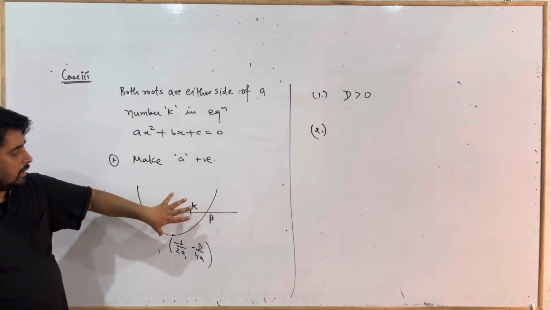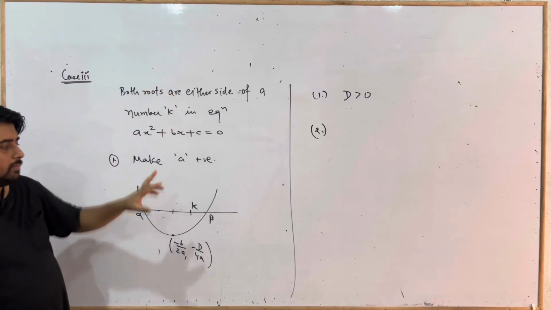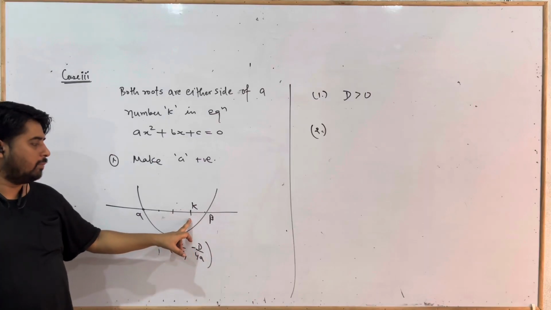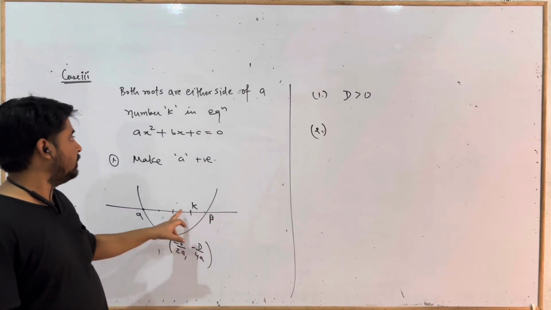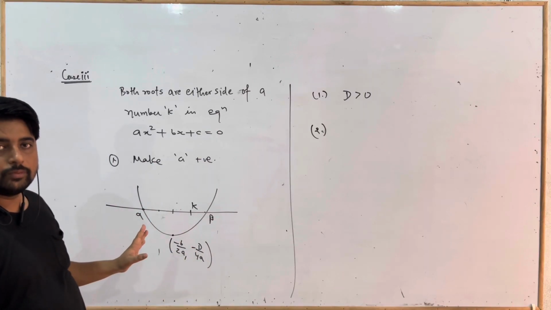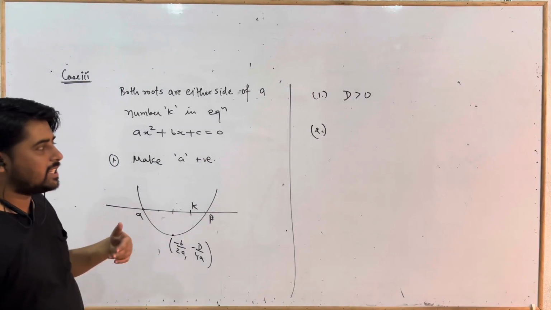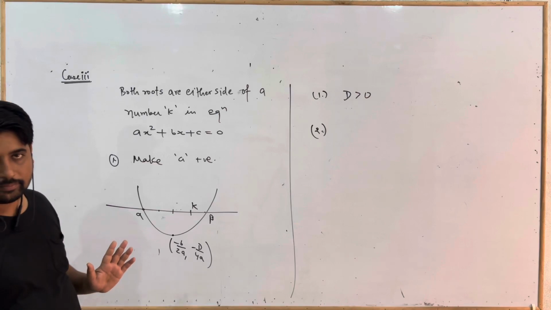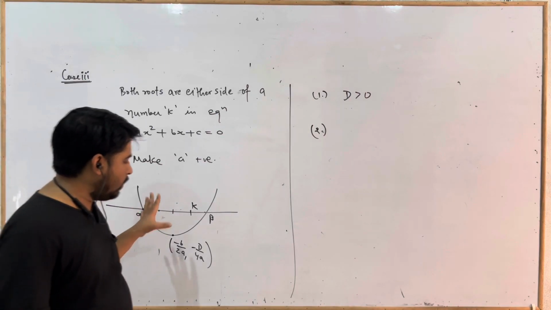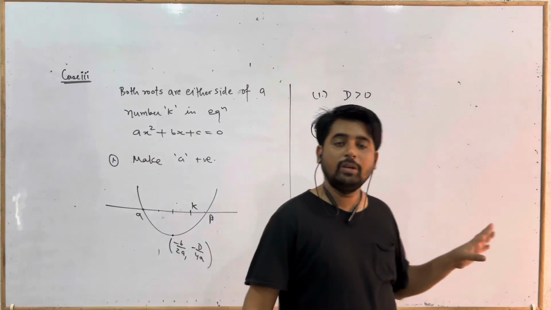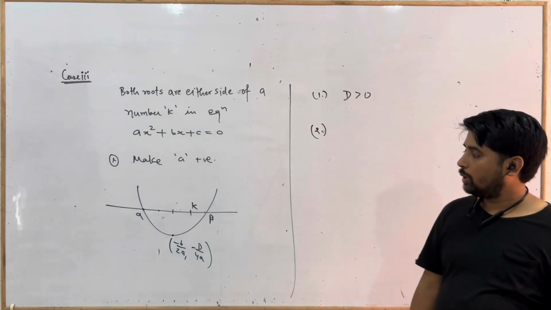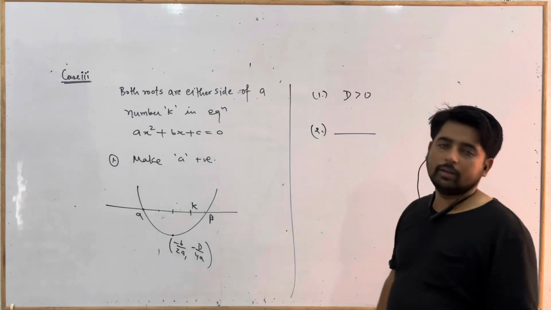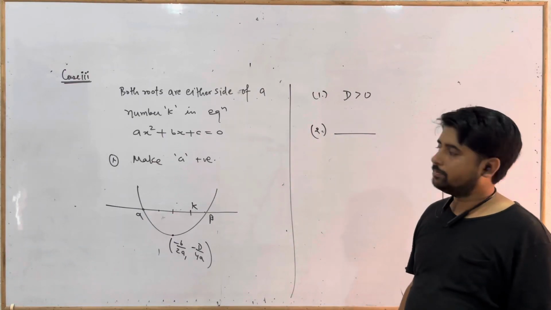Still, this graph matches our condition: both roots are either side of the number k, or we can say that the number k lies between the roots alpha and beta. So I cannot relate the position of minus b by 2a with respect to k in this graph, so I am not going to discuss the second condition.